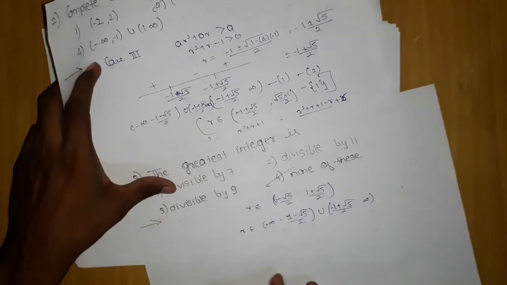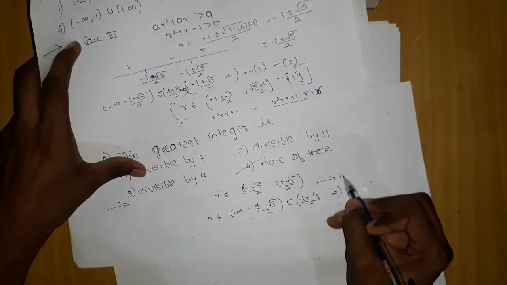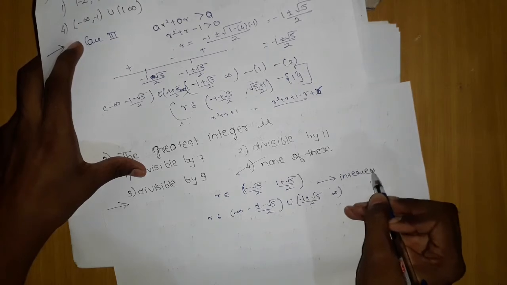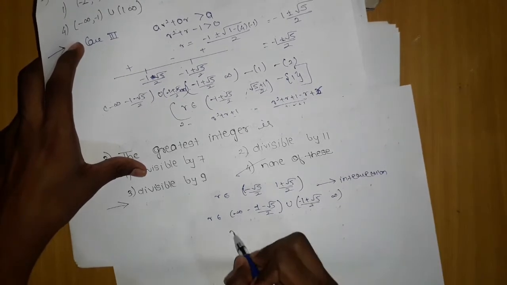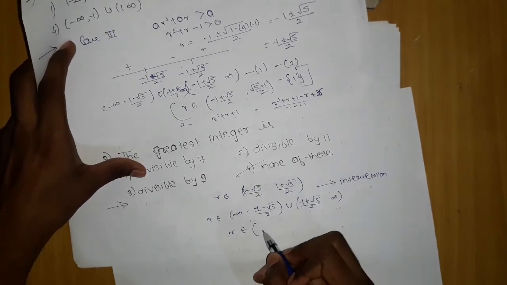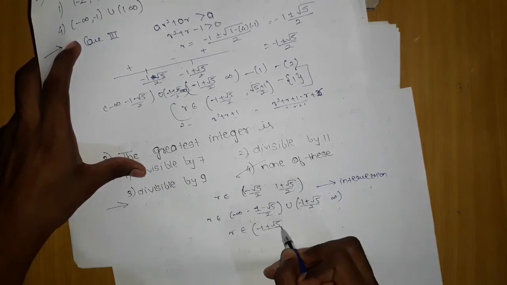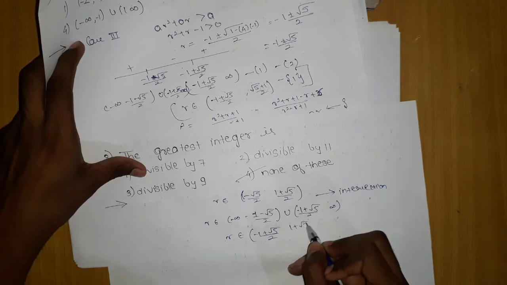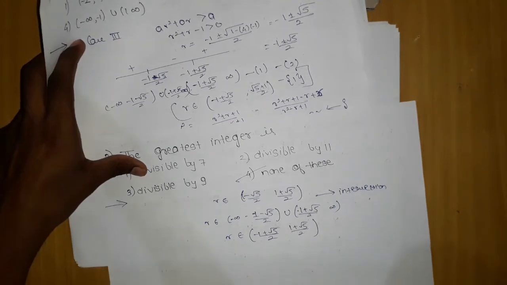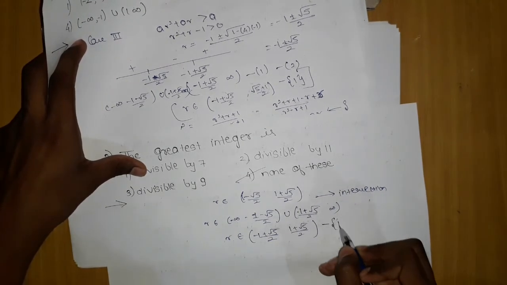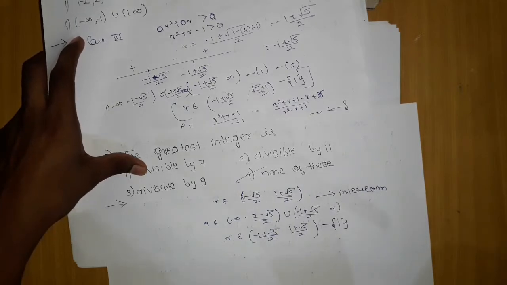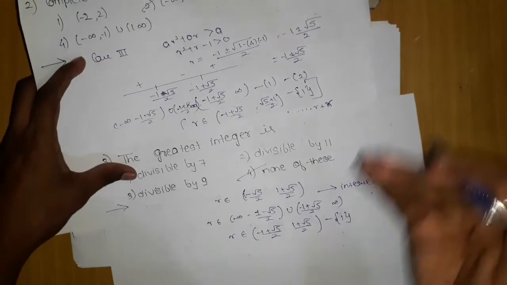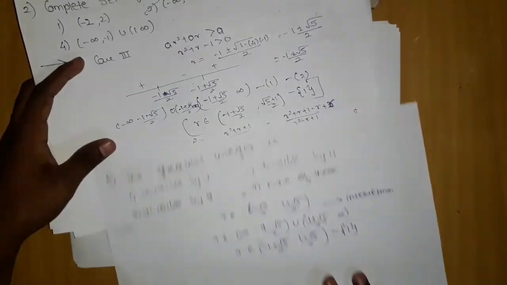We will take the intersection, and while taking the intersection we get r belonging to (-1 plus under root 5)/2 to (1 plus under root 5)/2, because one is negative and this is positive. The possible values between those two sets are these, and 1 will be excluded, because if 1 is included then it will no longer be a GP; the sides of the triangle will become the same. So we got this thing, and when we got this, we know the alpha square.